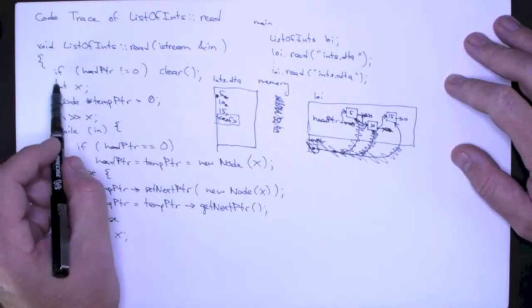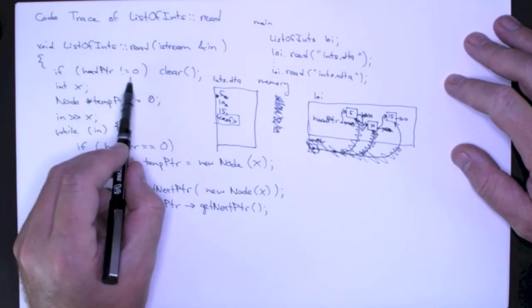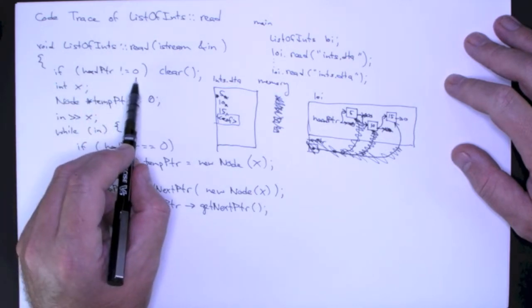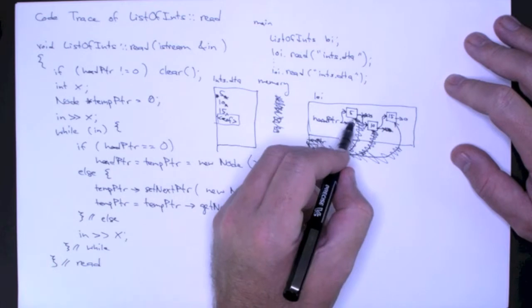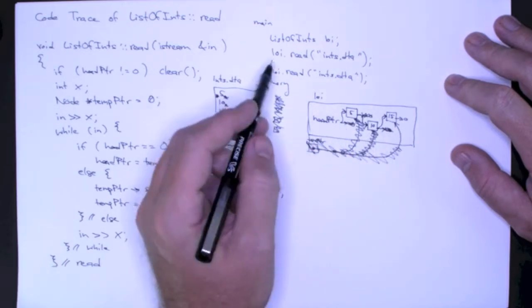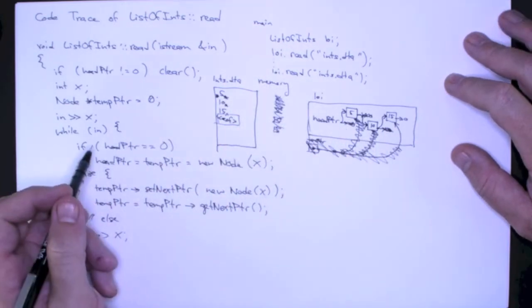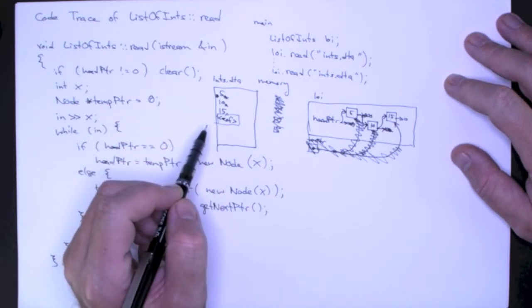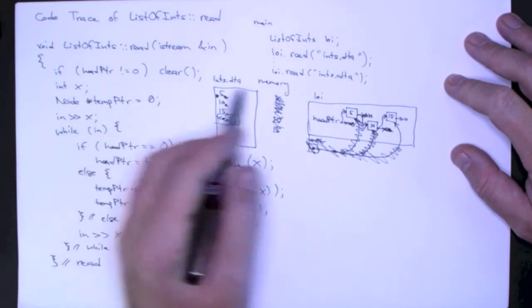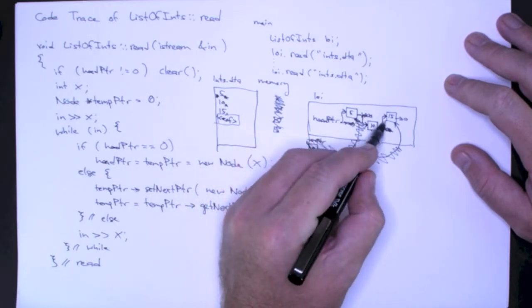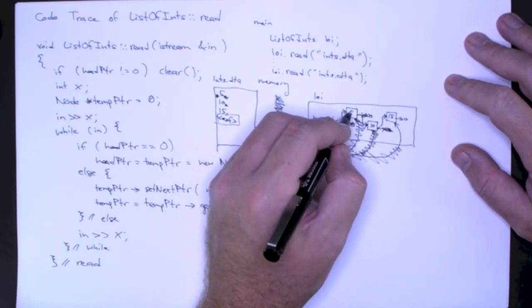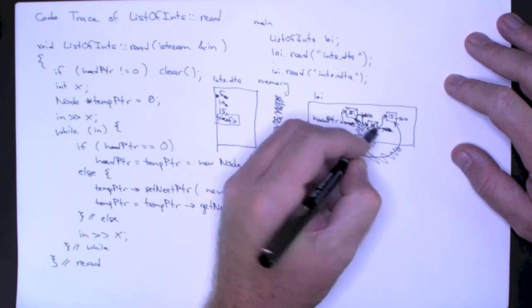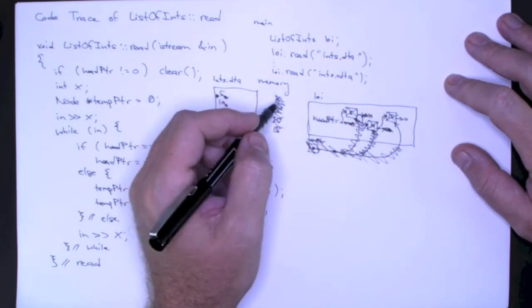First thing we're going to do is we're going to say, does head pointer point to null? Well, it doesn't. So that means that there is a linked list in this object, LOI. And we're going to call the clear method. The clear method will traverse this list, and it will delete 5, it will delete 10, it will delete 15.